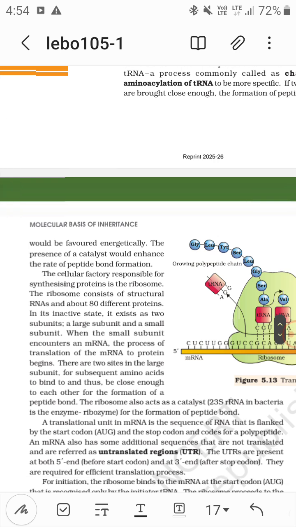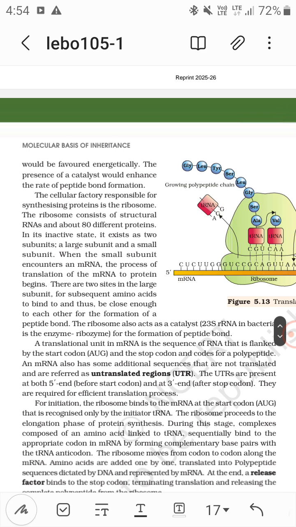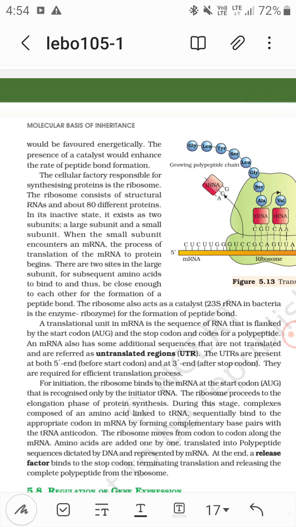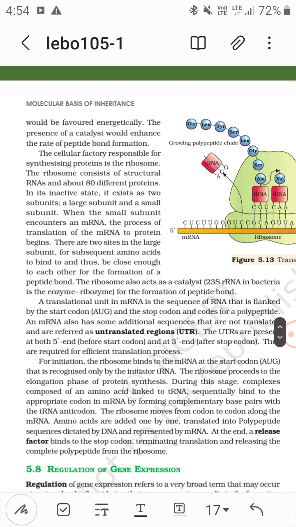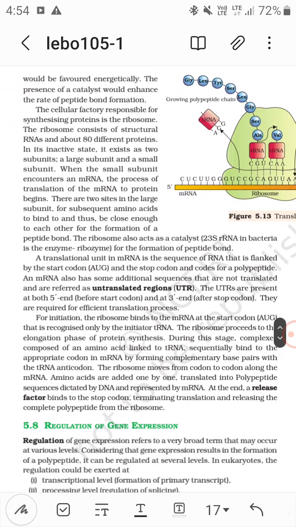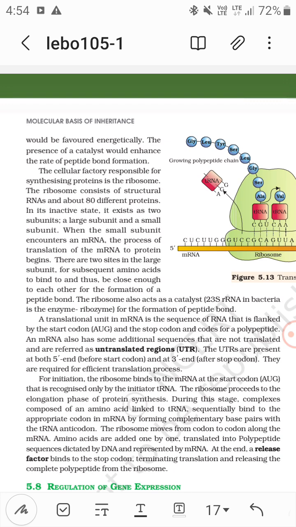There is also a catalyst that can enhance the peptide bond formation rate. The cellular factor responsible for synthesizing proteins is the ribosome.